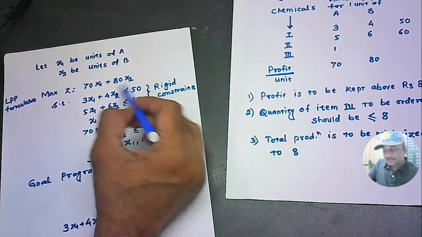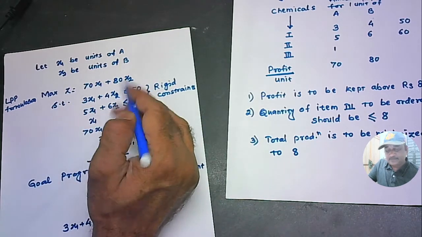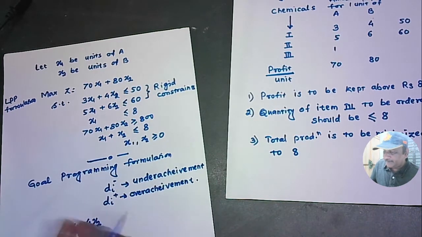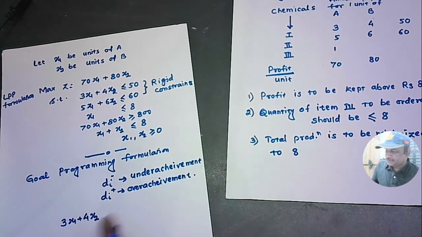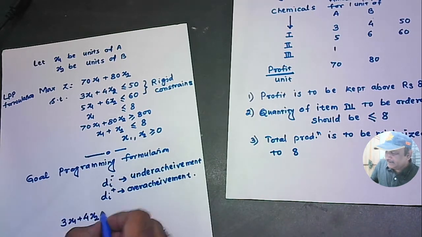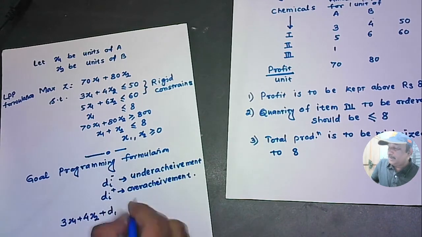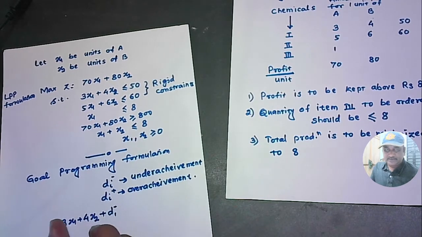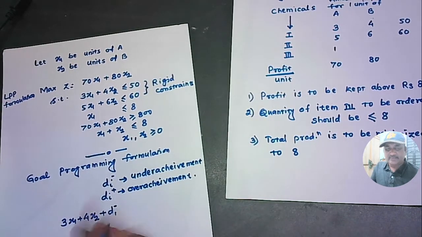So by whatever extent there was underachievement of this side against 50, it is something like a slack variable. So I'll add d1 minus.